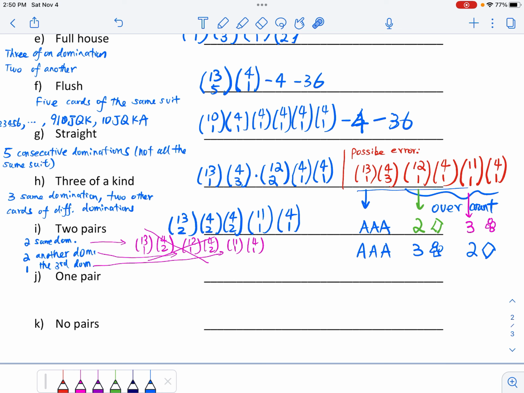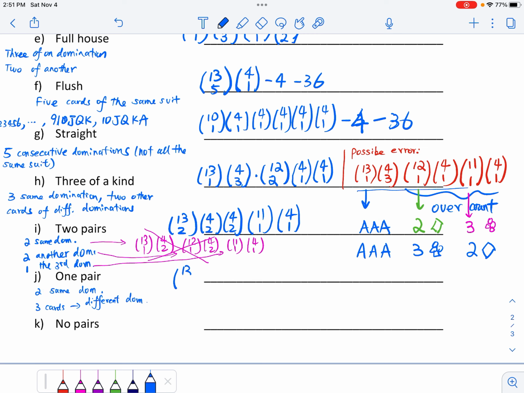All right, 1 pair, that means 2 cards of the same domination, and the other 3 cards have different dominations. So how do we choose this correctly? First of all, I'll pick 1 domination for these 2 cards.